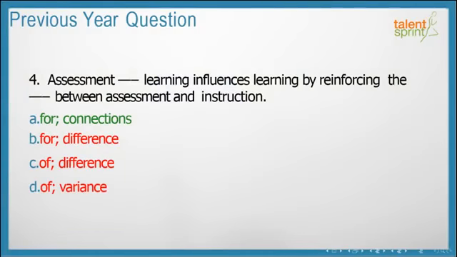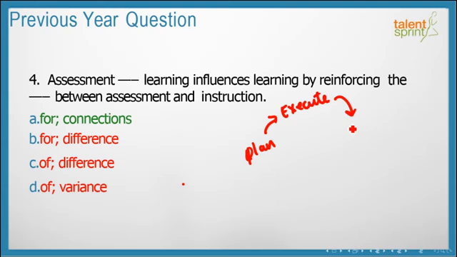Remember the lesson plan cycle? Okay. So how does this lesson plan work? I am going to plan my lesson. After that, I'll execute it in my class.